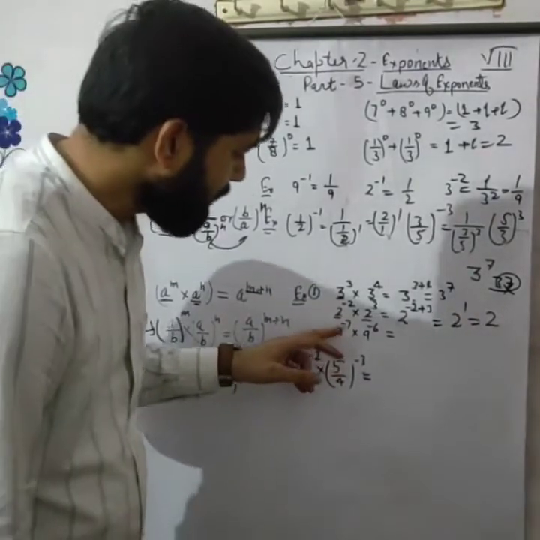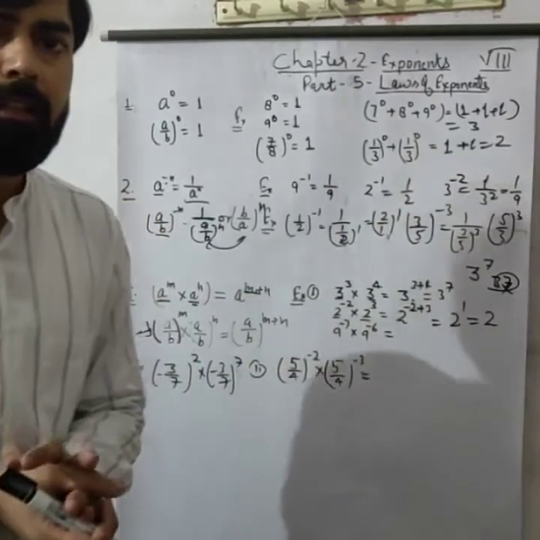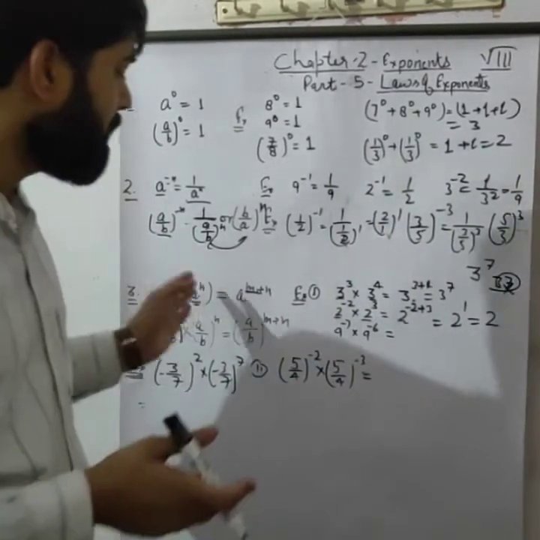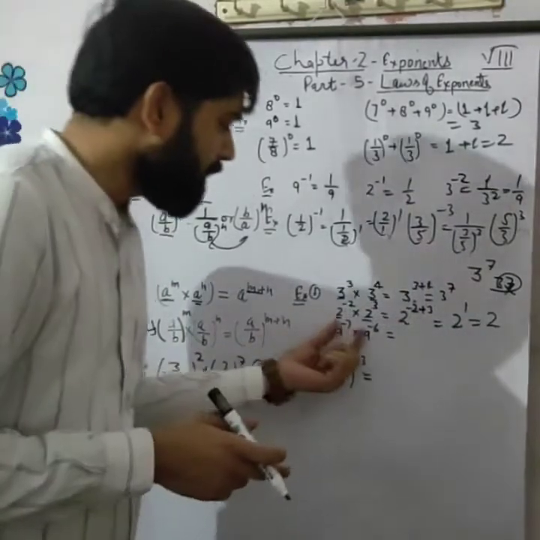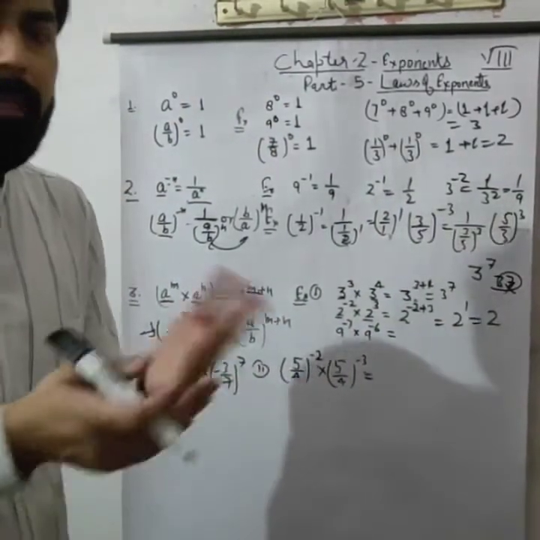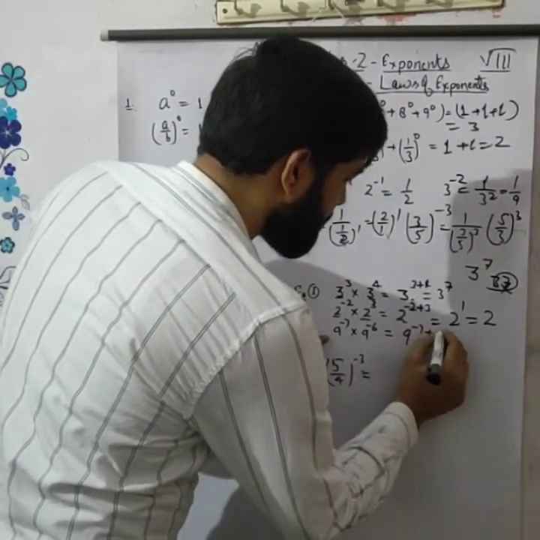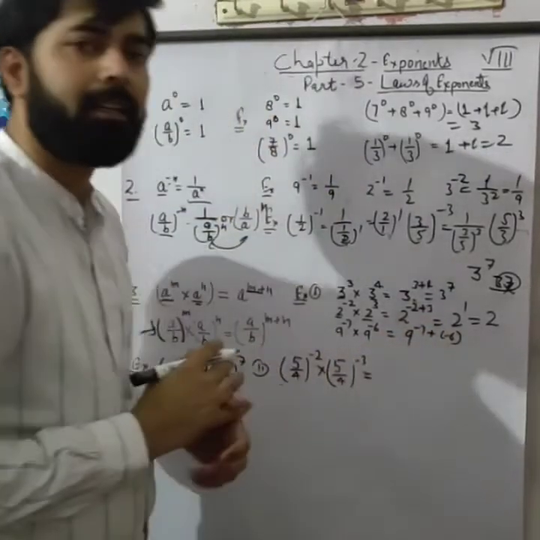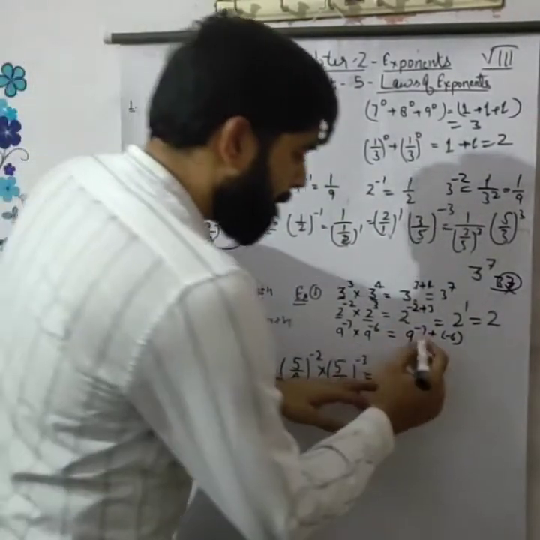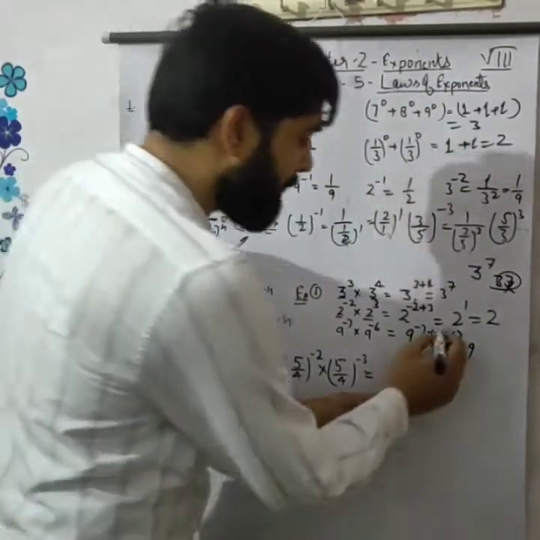And next is 9 raised to the power minus 7, multiplied by 9 raised to the power minus 6. How can we find the answer? We can find it by this law of exponent, because the bases are the same. When the bases are the same, the powers will be added. So 9 raised to the power minus 7 plus minus 6, written in brackets, because we cannot write two signs together.